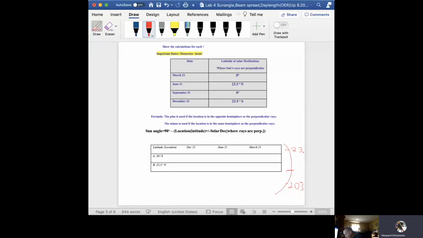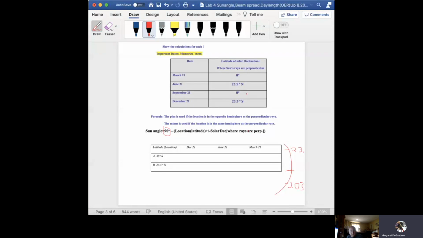Cancer is north. So I do 90 minus the latitude that I'm at, plus or minus where the rays are perpendicular, the solar declination.